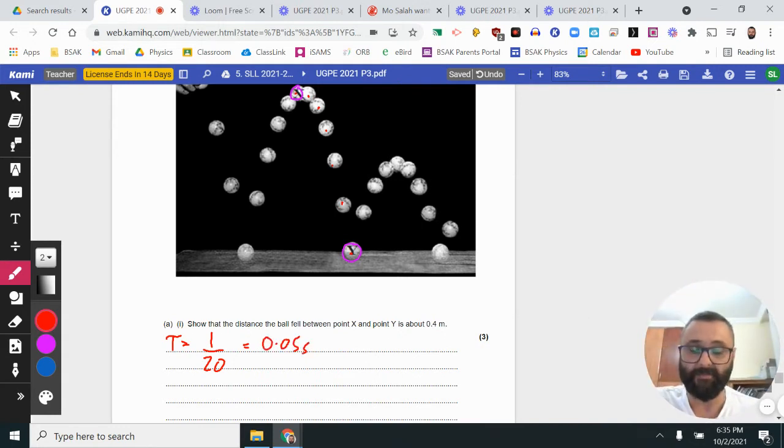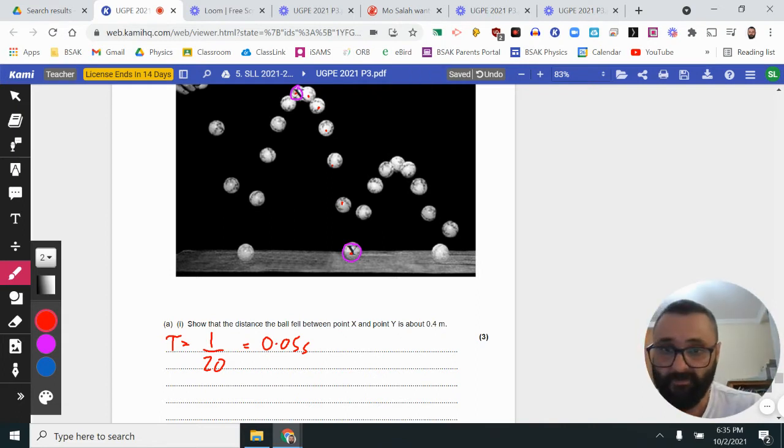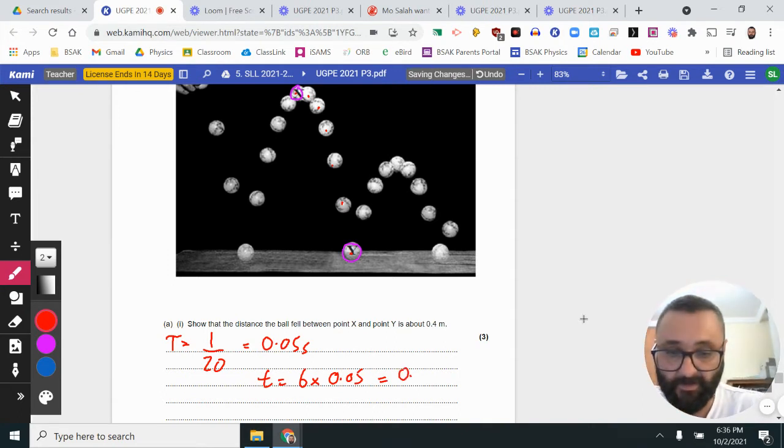That's the time between adjacent frames. So the time taken here is 6 lots of 0.05. That is 0.30 seconds.